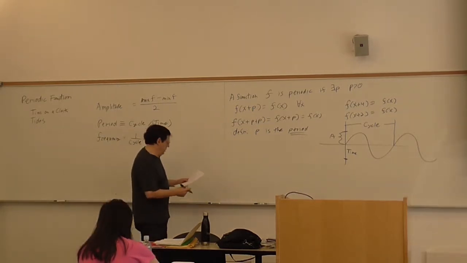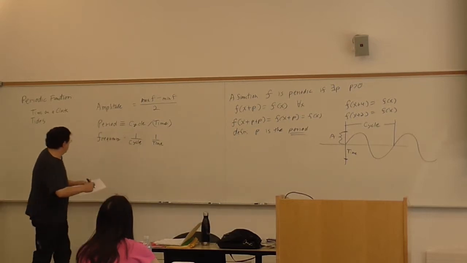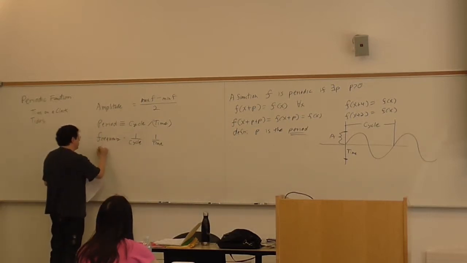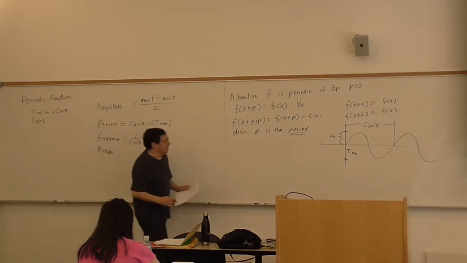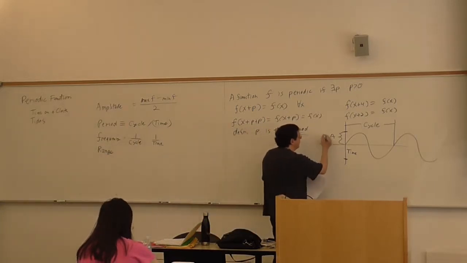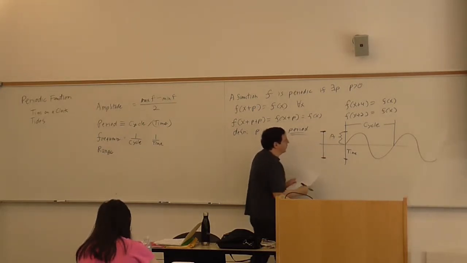And the only thing left, like any other function, will have a range. In this example, the range, of course, is just all the values between the maximum and the minimum.